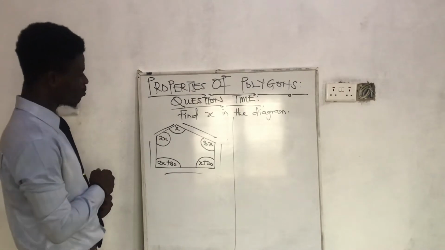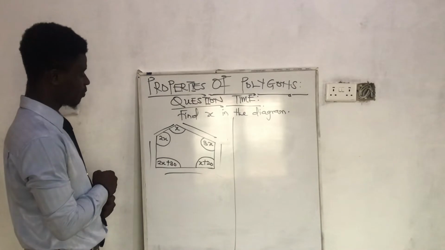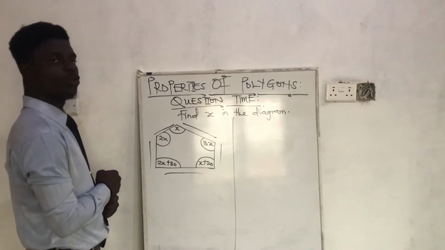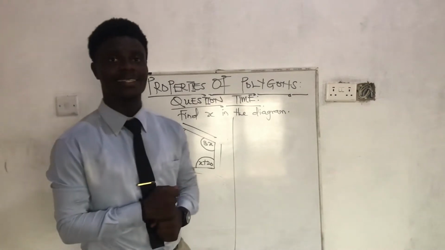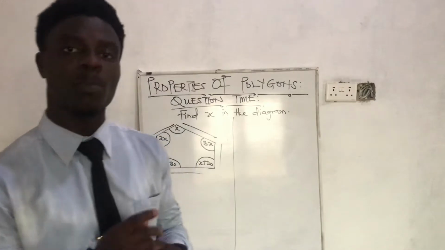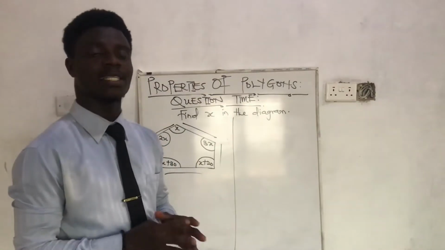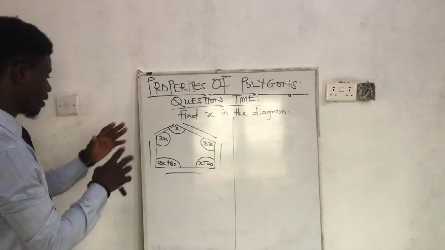So you have this plane shape. Very nice plane shape. Now, you can see that the angles are inside the polygon.